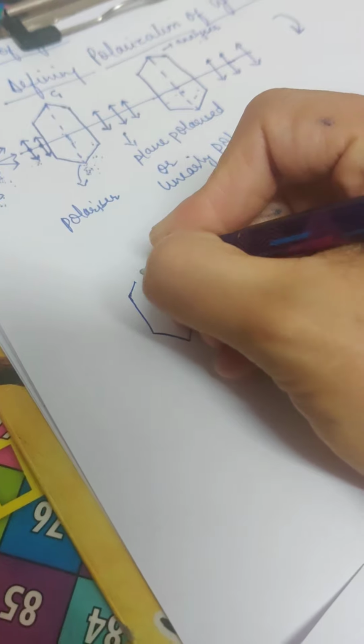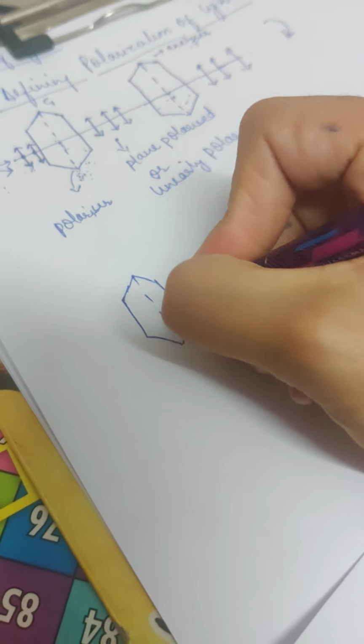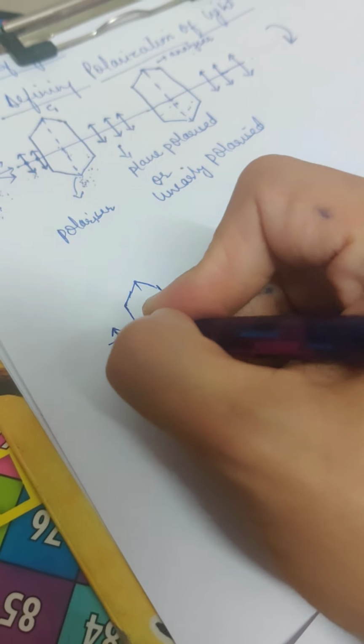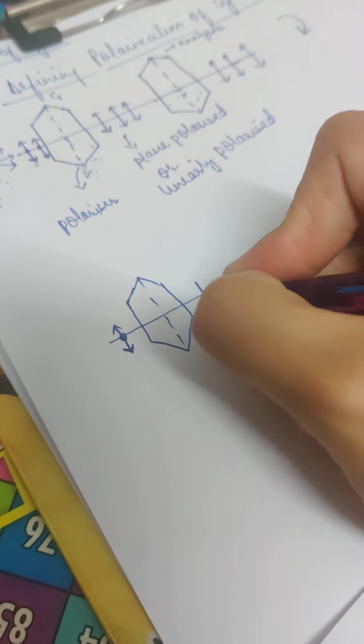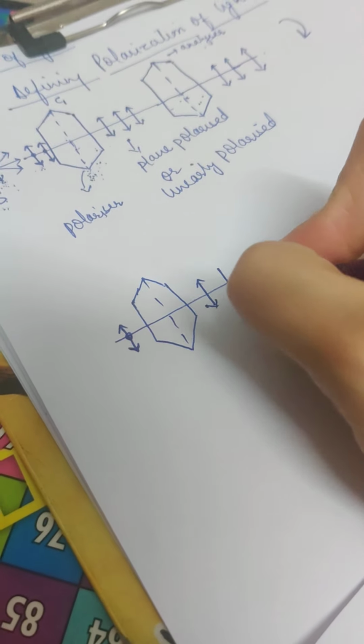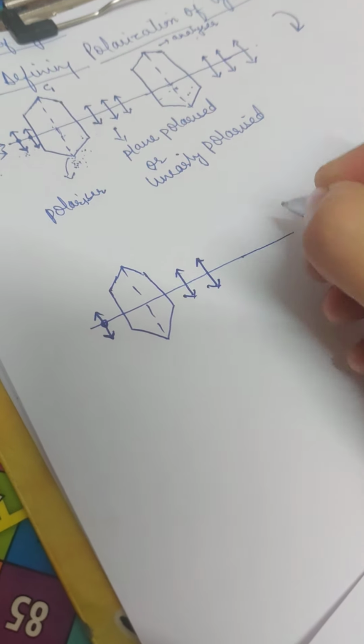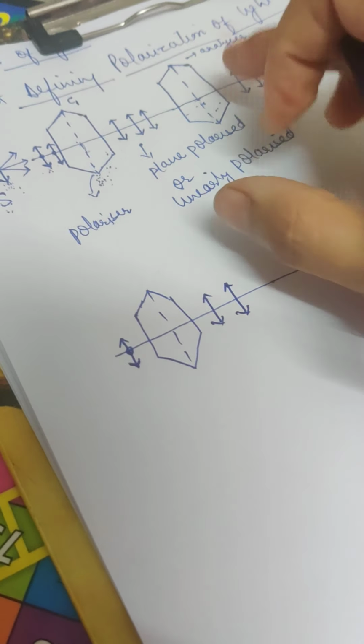This was our polarizer. We get the polarized light. Now what I'm going to do, I'm rotating this analyzer.